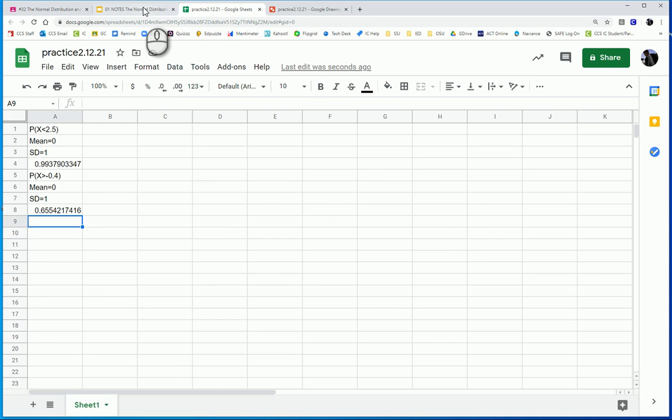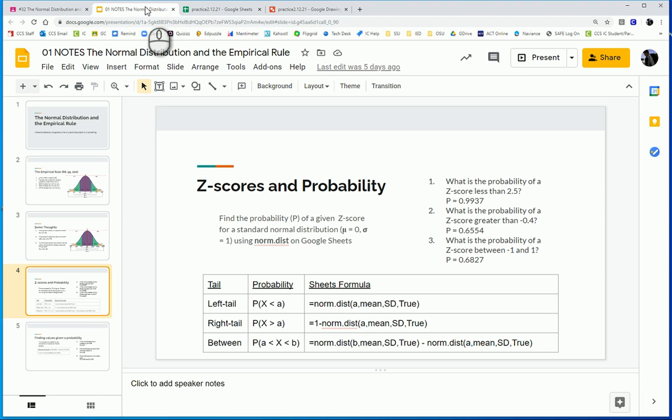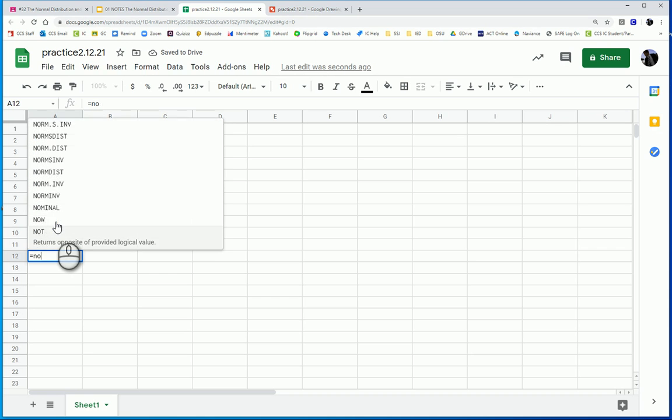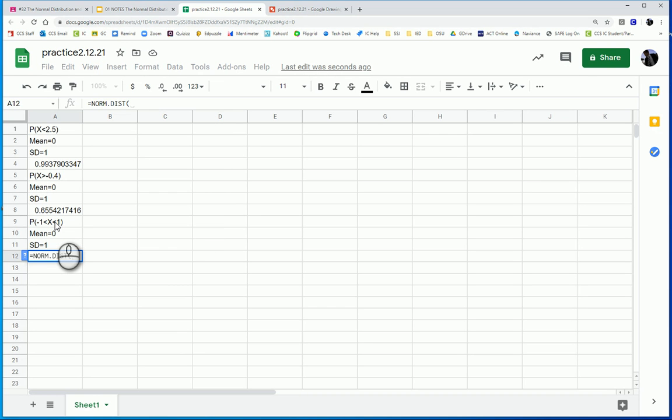So the probability that a z-score is between -1 and 1. Well, you could probably tell me that just from the empirical rule, but it's nice to confirm that. So we want the probability that it's between -1 and 1. So the mean, of course, equals 0. Standard deviation equals 1. So the formula is equals NORM.DIST. And we need to do the right bound first.